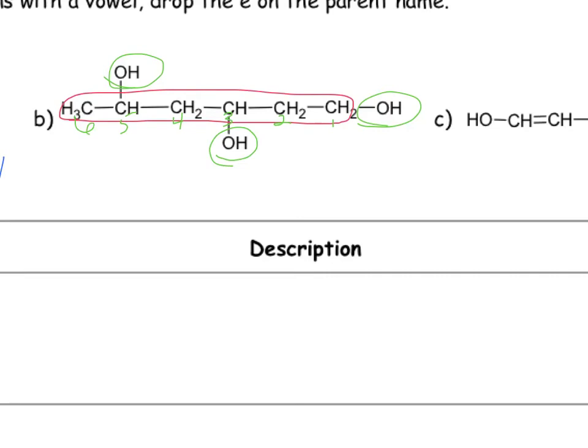Because I have a parent chain of 6, my root will be hex-. I have all single bonds, so -ane. To indicate my hydroxyl groups, I have positions 1, 3, and 5. I have 3 hydroxyls, so it gives me a molecular prefix of tri- and then -ol. Because my suffix does not start with a vowel, T is a consonant, I leave the E in the hexane. The final name is hexane-1,3,5-triol.